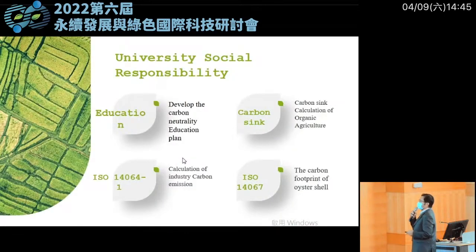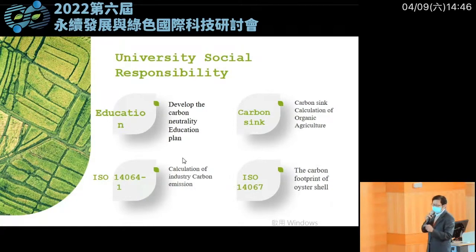In conclusion, the first thing we do is education. We develop the carbon neutrality education plan. The second thing is we check how much carbon emission there is on our campus, calculating the industry carbon emission.